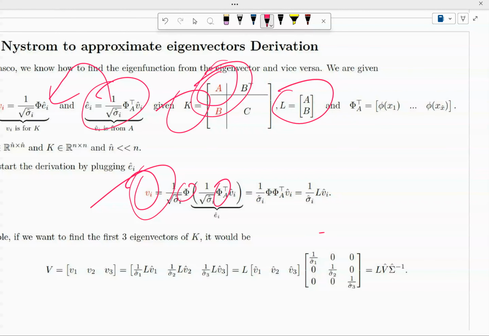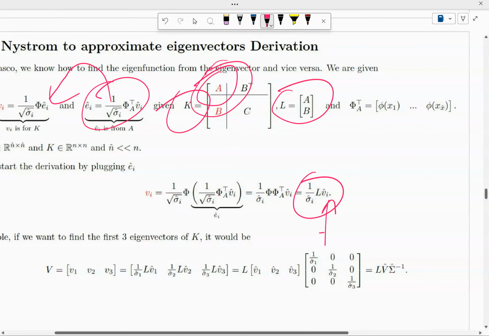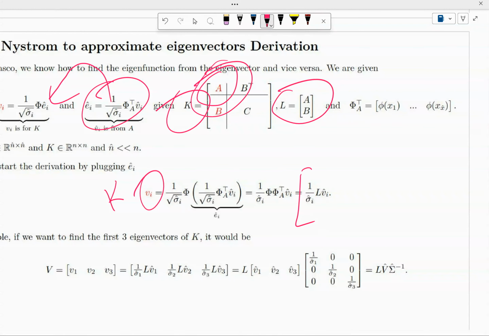But if the data is already very small, then it's not really worth it. So if you have the ith eigenvalue and ith eigenvector, you can find the ith eigenvector of K.